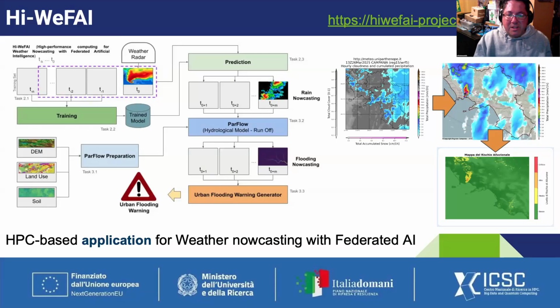That means every 10 minutes, at the end of the computation, we compute the flooding risk, and we have an update of the flooding risk of each one of about 10,000 cities in Italy.